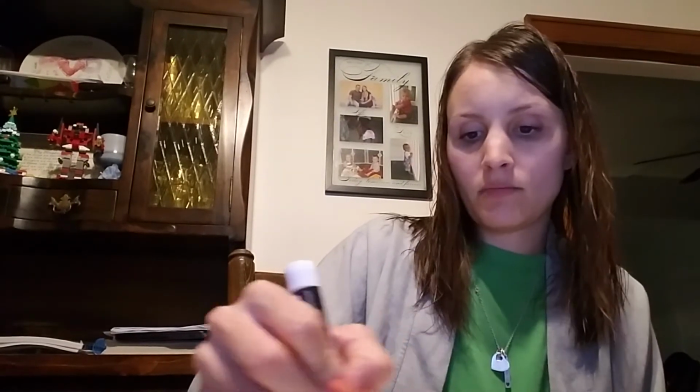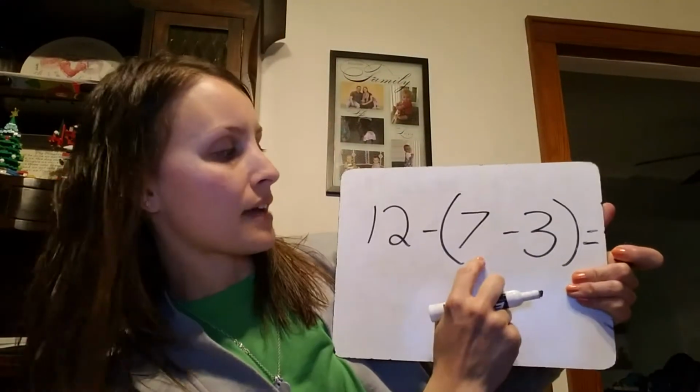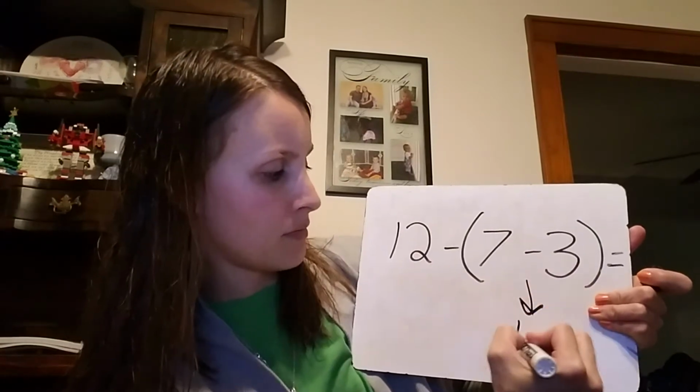Let me do another one. I want to show you this one. So let's do 12 minus 7 minus 3. So they're all subtracting in this one. But I'm going to put my parentheses here, okay? So 7 minus 3 would be 4. So I'm going to bring my 4 down.